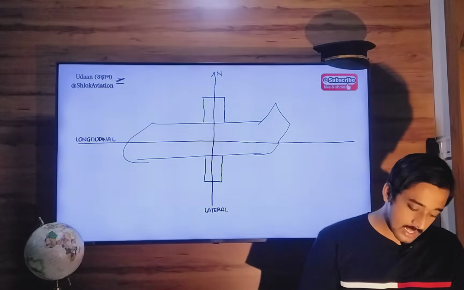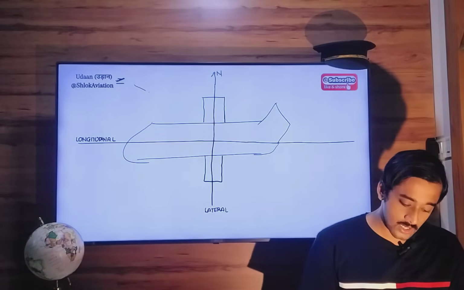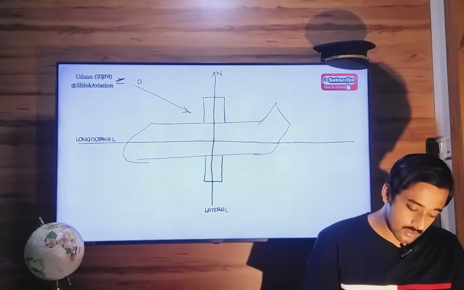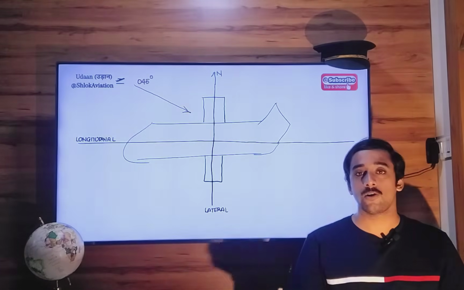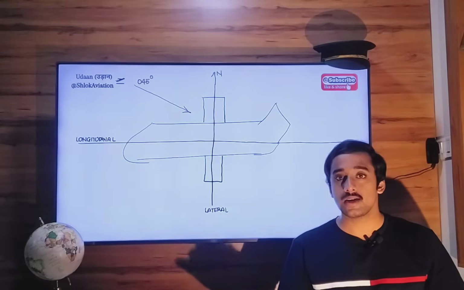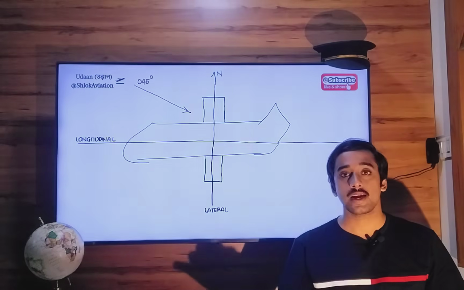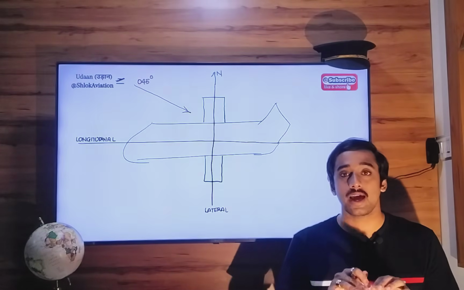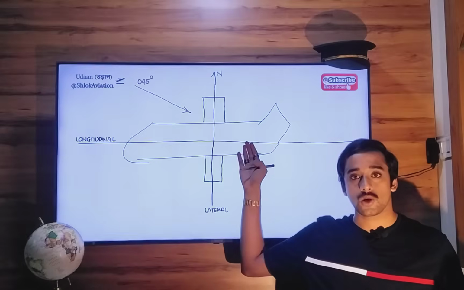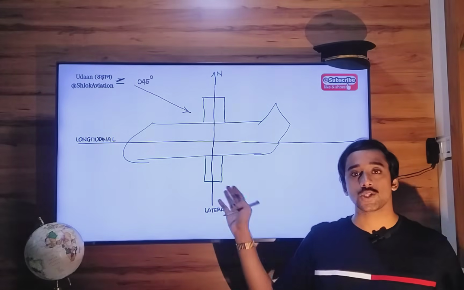Let's say there is a signal which is coming from 045 degree. Now the electrical conductivity of this aircraft will bend this signal in such a manner that it gets aligned, more or less aligned with the longitudinal axis of aircraft or the lateral axis of aircraft.